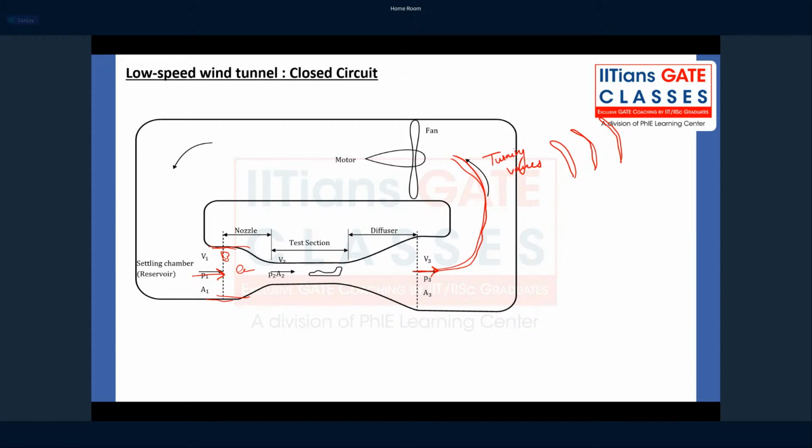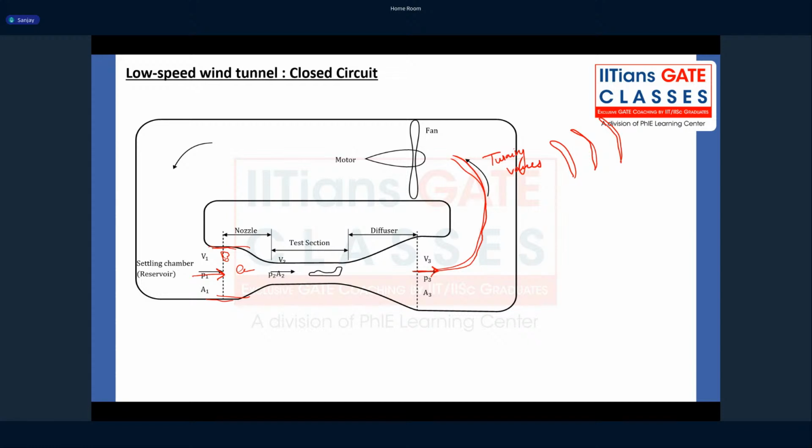So you can see that because the same air is circulating every time through the tunnel, the flow conditions or the ambient conditions are not going to change. Very good, Vijay. Yes, the result is reliable, which means the quality of the flow that enters the tunnel is the same every time, more or less. There is not much difference, right?